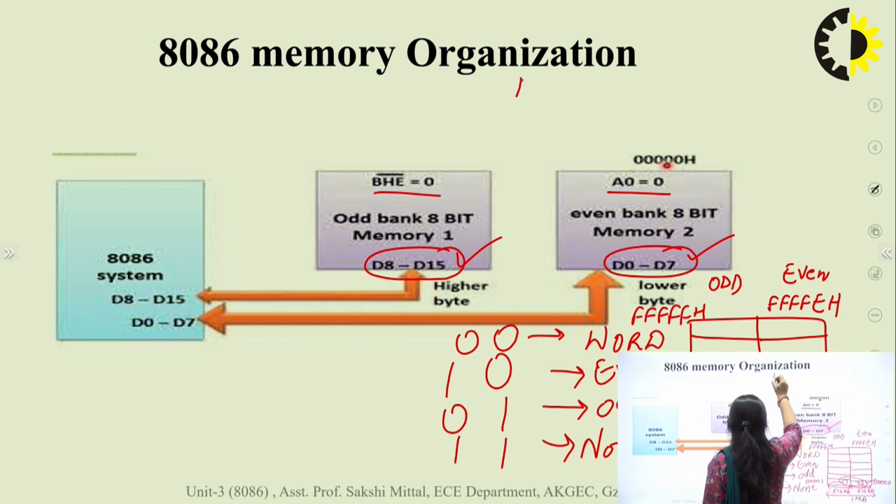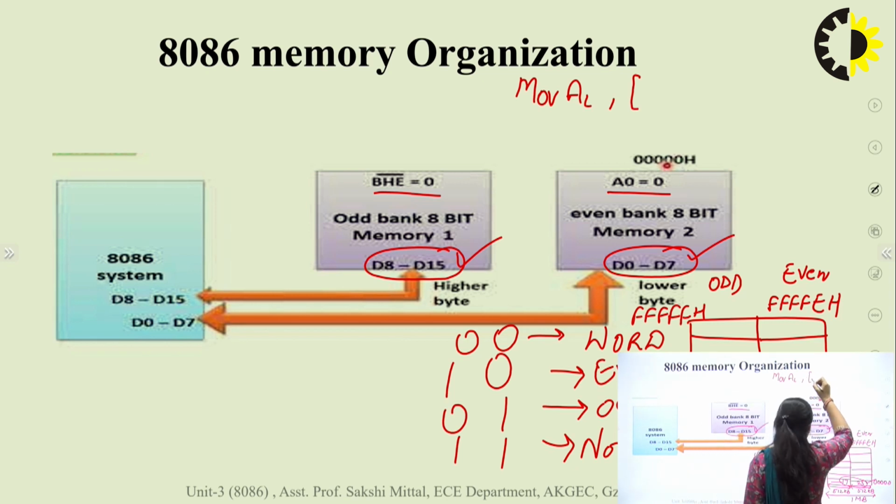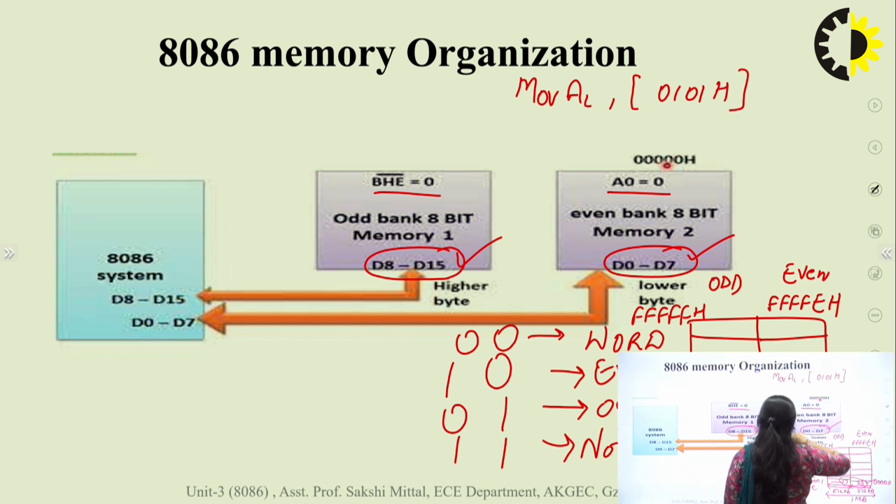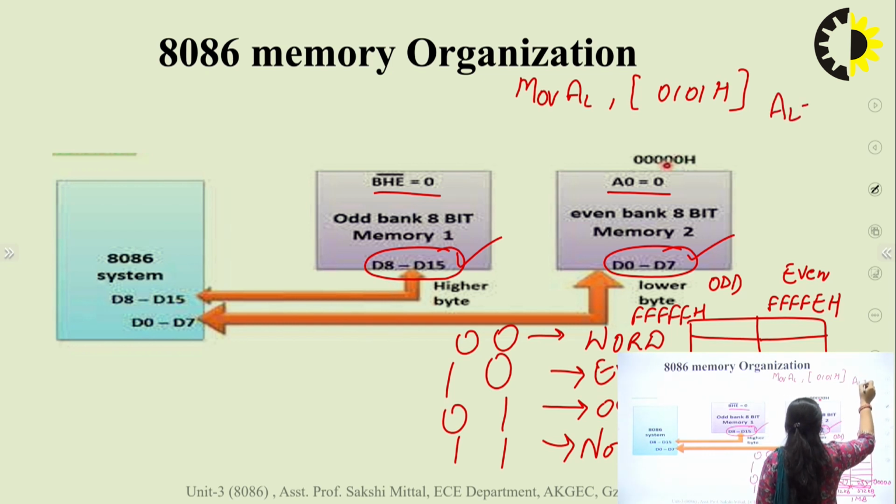I write MOV AL, 0101H, taking an odd address. It may be somewhere here, and it has FF at this address. So AL will have FF.